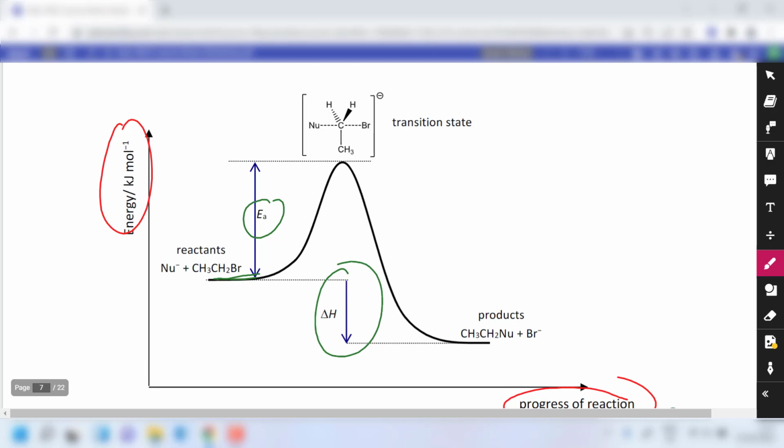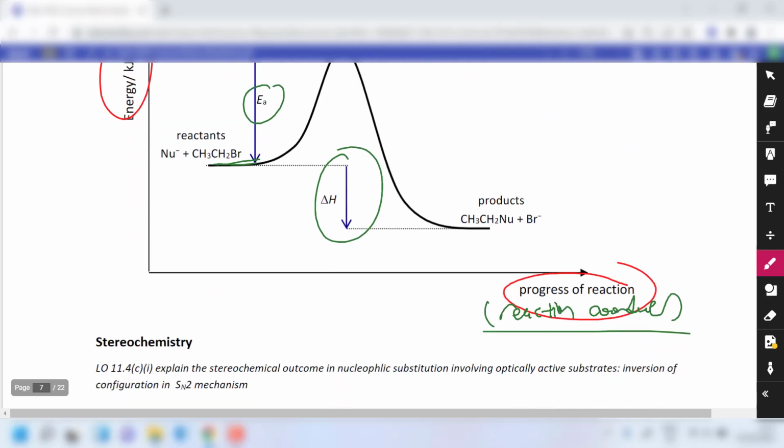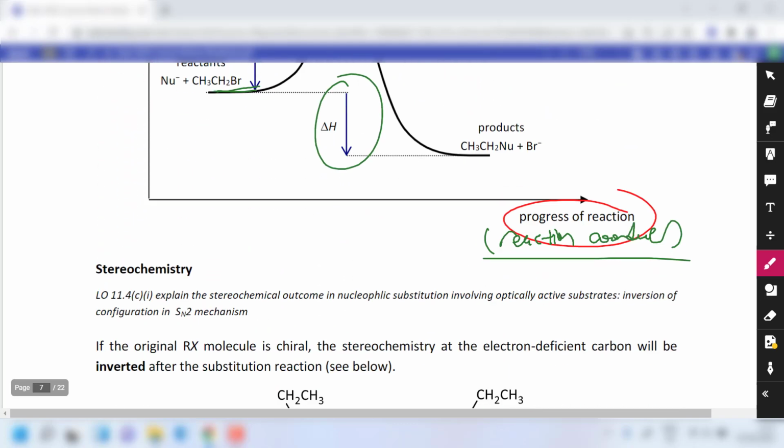That means we made an assumption that the bond between the nucleophile and carbon is stronger than that between the carbon and the bromine. Then you need to sketch the transition state. This is the maximum point, or if there is more than one transition state or intermediate, we call this the local maximum. That's how we should be drawing nucleophilic substitution.